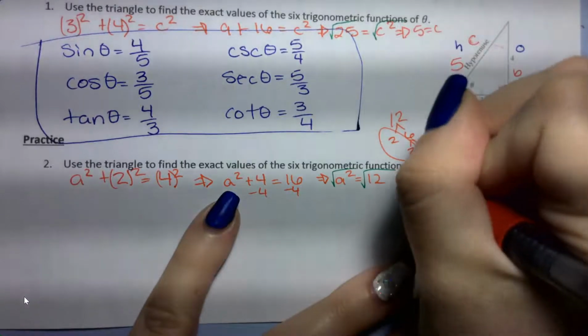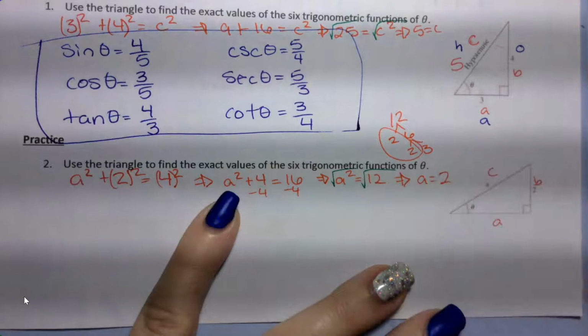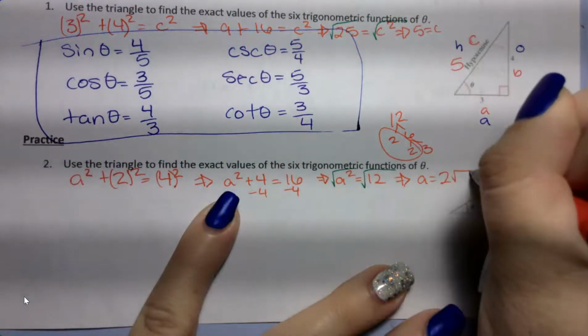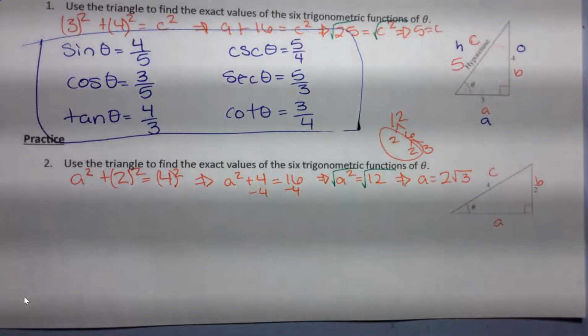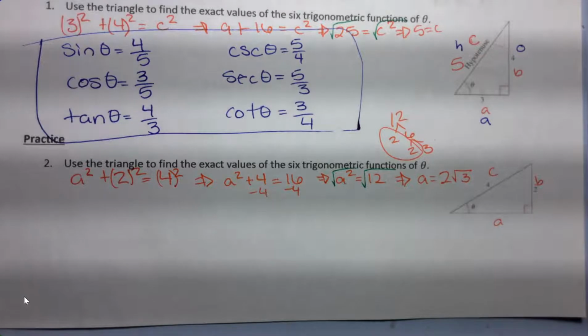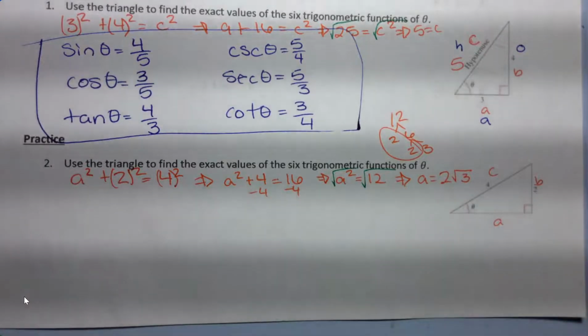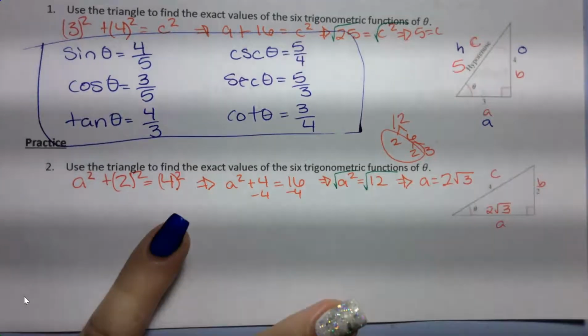So what I can do is, it's still going to equal A, I can pull a 2 out front, and then it's going to be square root of 3, because I can't do anything with that 3. It's left alone on the inside. So this is the length of this side right here, 2 square root of 3.